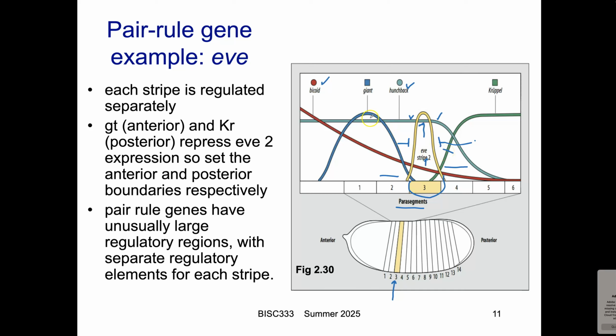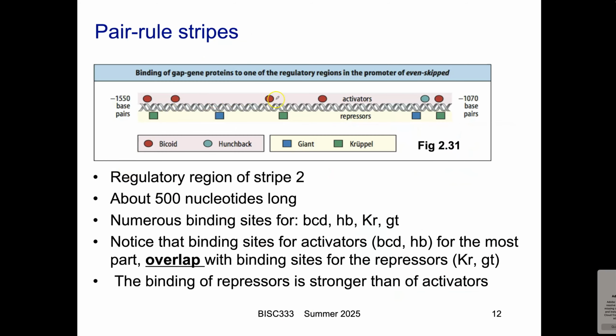Whereas over here, giant is going to win as the repressor because it has more protein than bicoid, and so on. And so we're just going to look at this. This is just a little bit of the regulatory region, the promoter, sorry, of stripe 2.